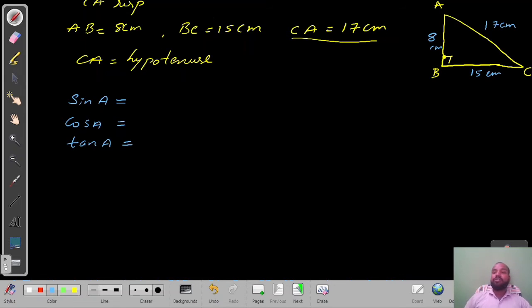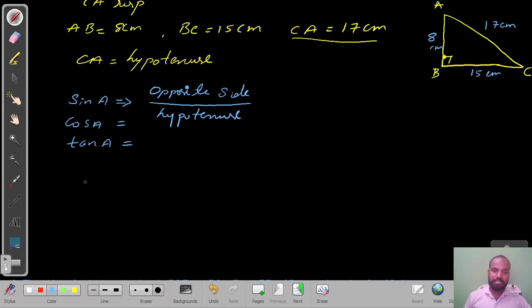First we know the formula, right? What is the sine formula? Sine formula is opposite side by hypotenuse. Am I clear? Now, what is the cos A formula?